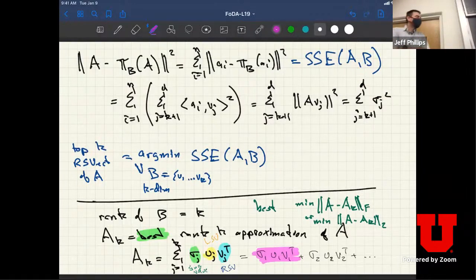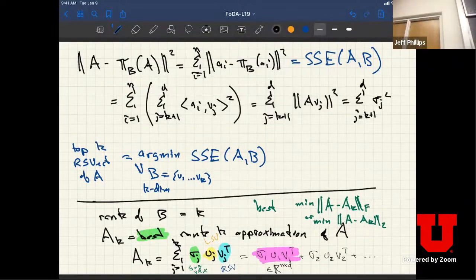So I have an n by 1 times a 1 by d. What's the dimensionality I'm going to get out of this? Yeah, right. So this is an element of n by d.